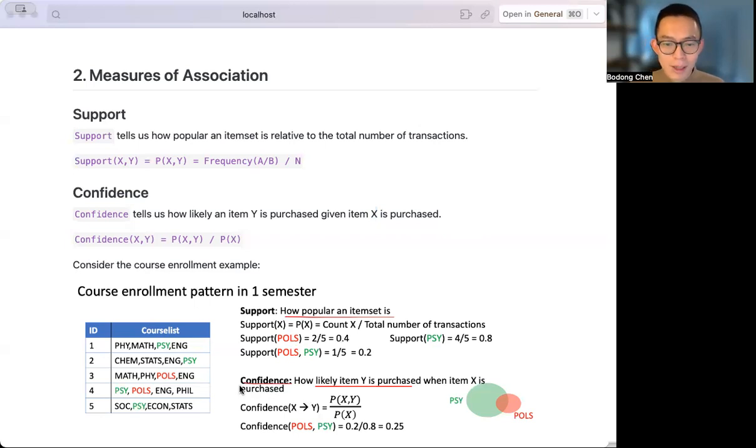Again, the best way to illustrate this is to think about this example. We have 5 different transactions. We already know the support of political science, of psychology, and of the combination of both.